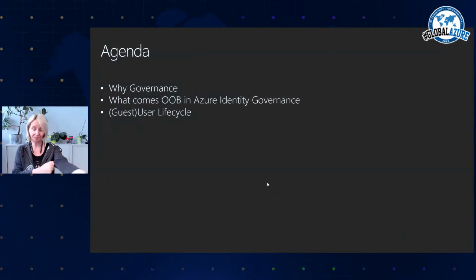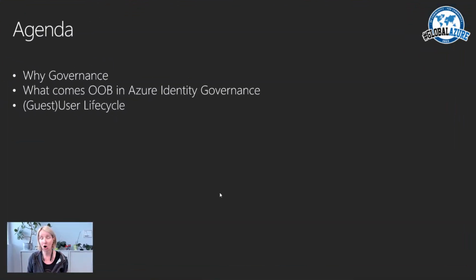So first of all, why do we need governance at all? This is an ongoing question, because governance is an ongoing process in cloud services. Why is that the case? Because cloud services are, for me, evergreen services. There are a lot of things coming into cloud services. For instance, there are monthly updates within Microsoft 365. There are tons of new previews coming to Azure all day, every day.